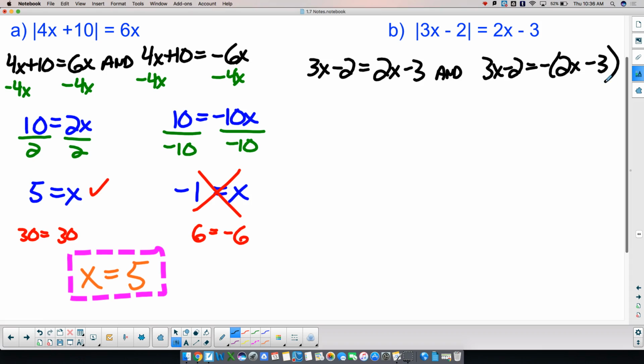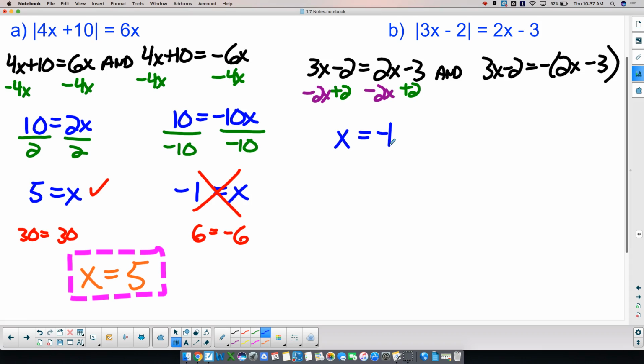Okay. I'm going to add 2. At the same time, I am going to subtract 2x. So that gives me x here equals negative 1.